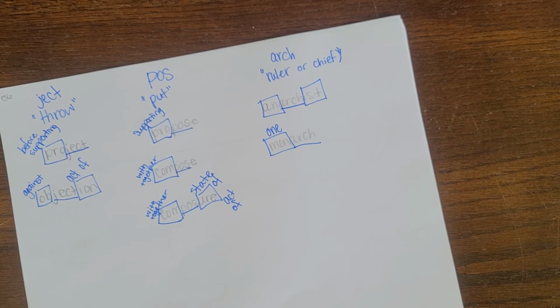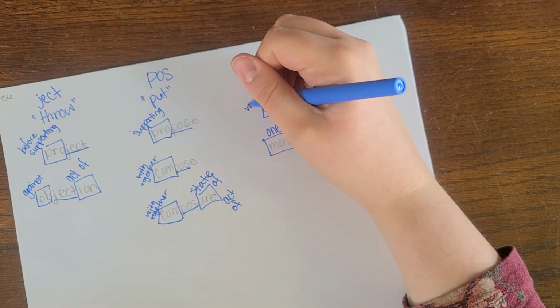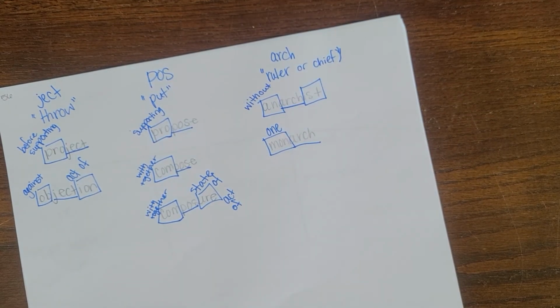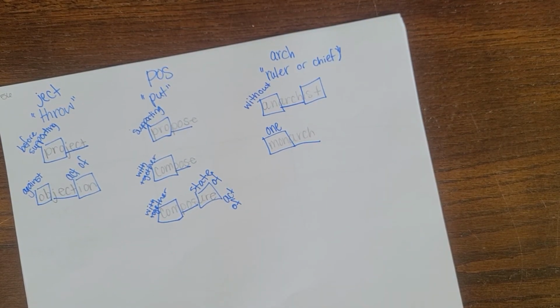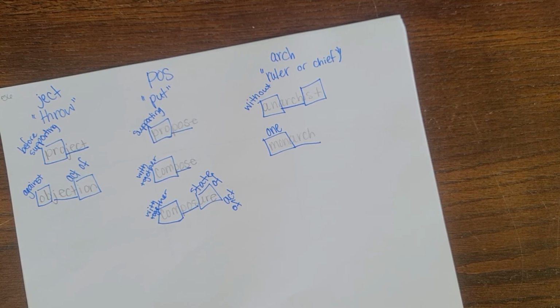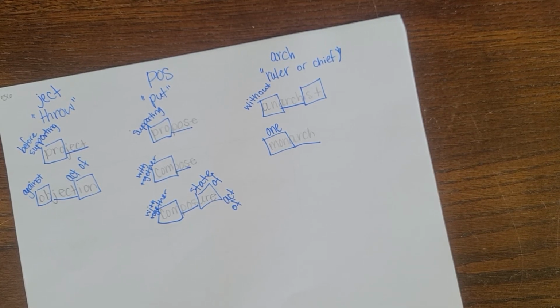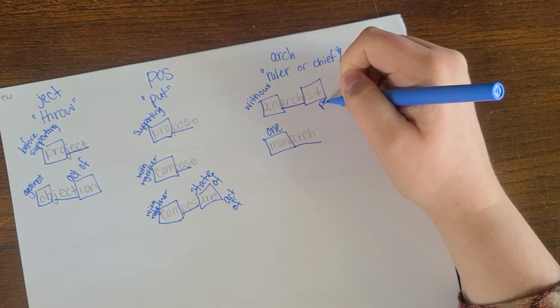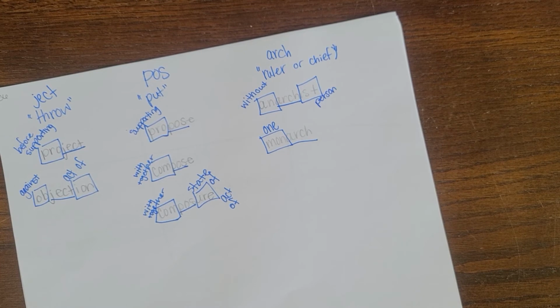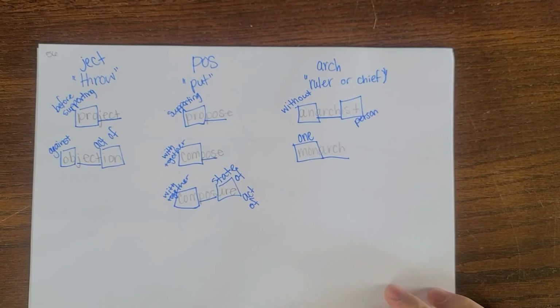It means away, not, or without. Here, say maybe without. And then IST is a person or thing that does something, if you remember that. So a person without ruler, or wants to be without ruler.